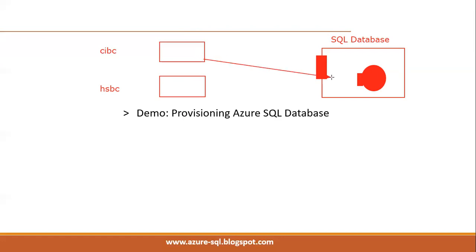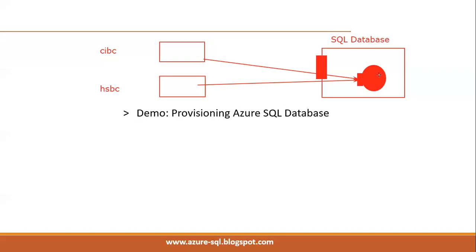Now remember, for these applications to access our databases, the first level of protection is the firewall. After that, authentication. After that, authorization. Three steps.